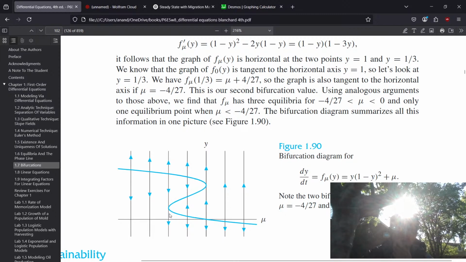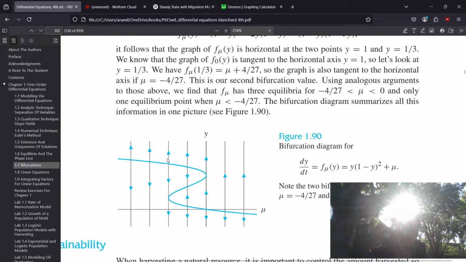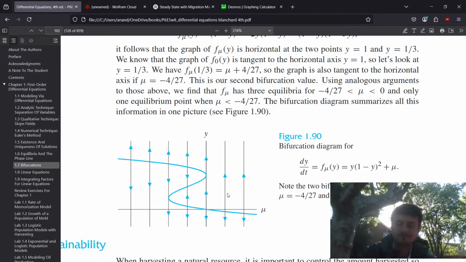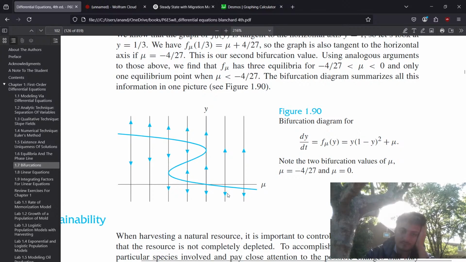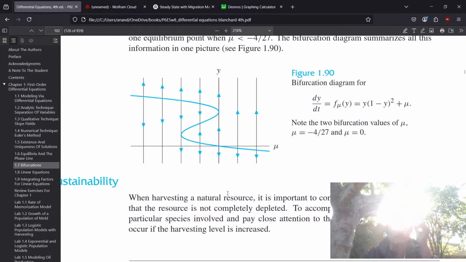Oh, that's so cool. Wow, this plot is so fun.